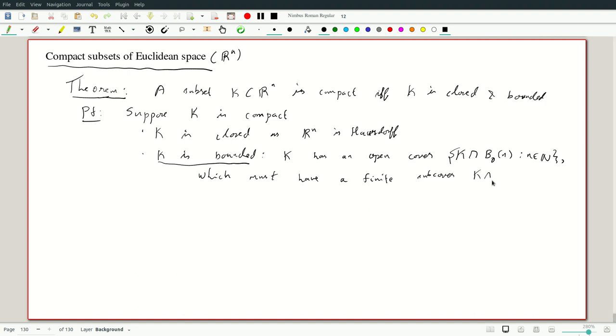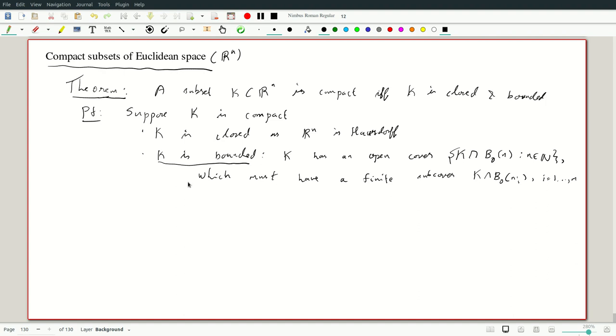K intersection some ball around 0 of radius n1, etc. That was horrible notation. You look at the intersection of K with B0 of ni, let's say, i equals 1 to m. So there's finitely many radii such that this happens.